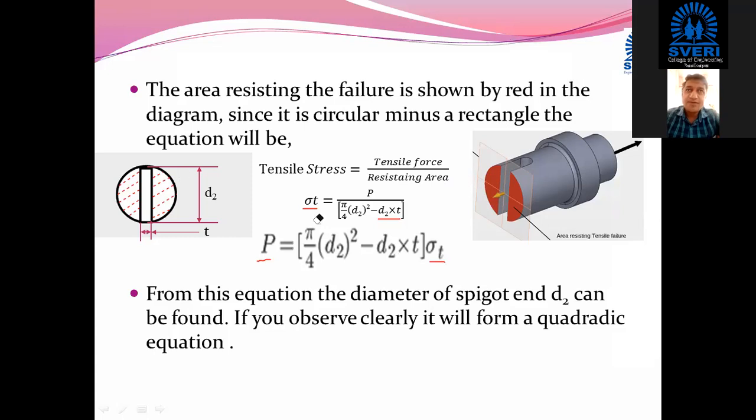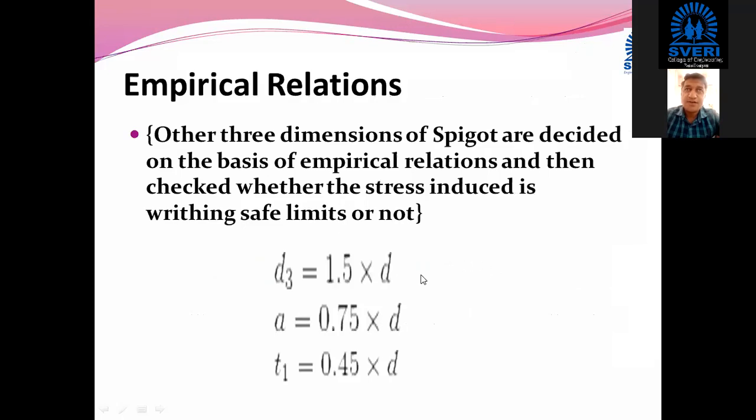So it has become easy now, because we have seen the animation, to imagine all the things and understand how these formulas are derived. Now by empirical relationship, about which I was talking, these other values can be calculated in terms of the standard value of the diameter of that rod.